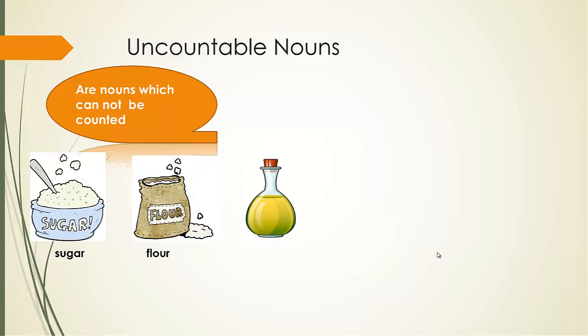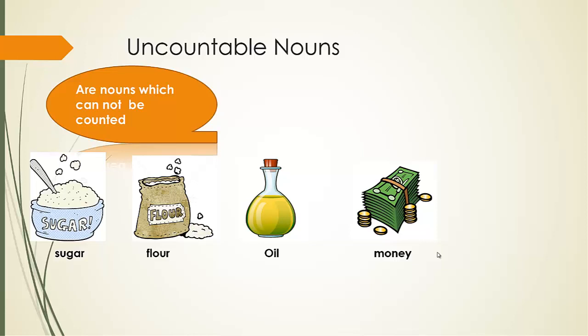Yes. What about oil? Can you count oil? No. And the last example is money. So these four nouns all are uncountable nouns because you can't count them.